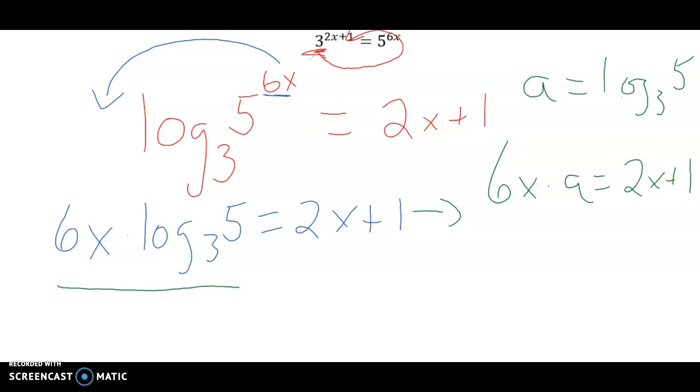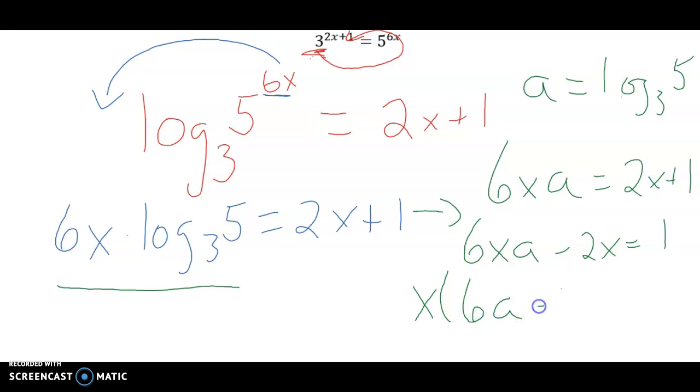Okay. Well, now I'm solving for x. And that, by the way, is an a, not a q. Now I'm solving for x. So remember when you had to solve for the indicated variable, get all your x's to one side. So 6x times a minus 2x equals 1. Factor the x out. x times 6a minus 2 equals 1.